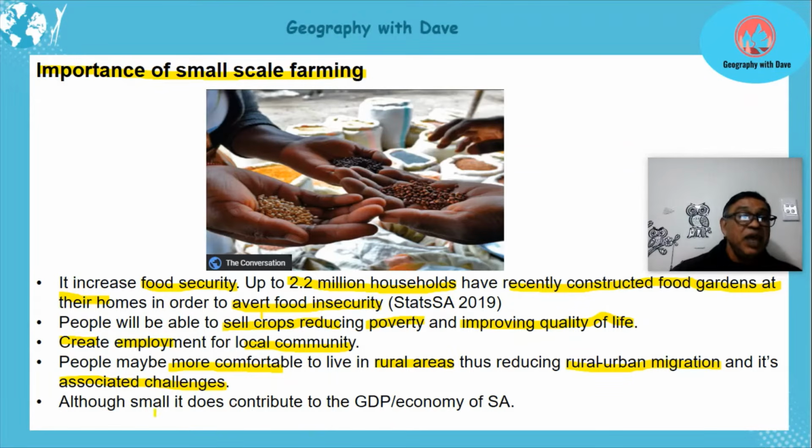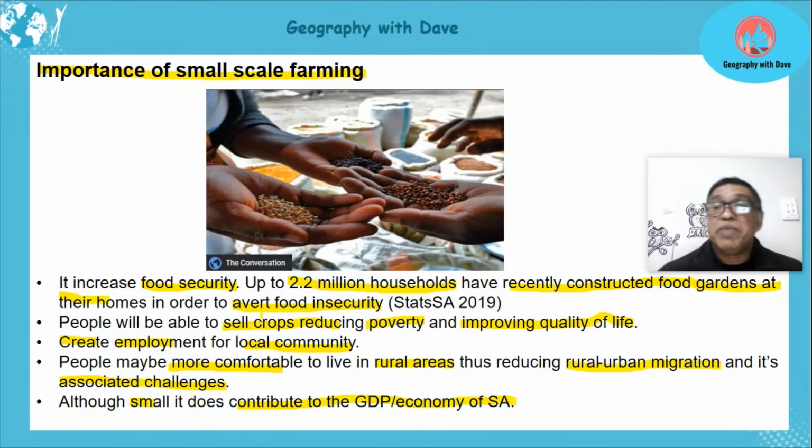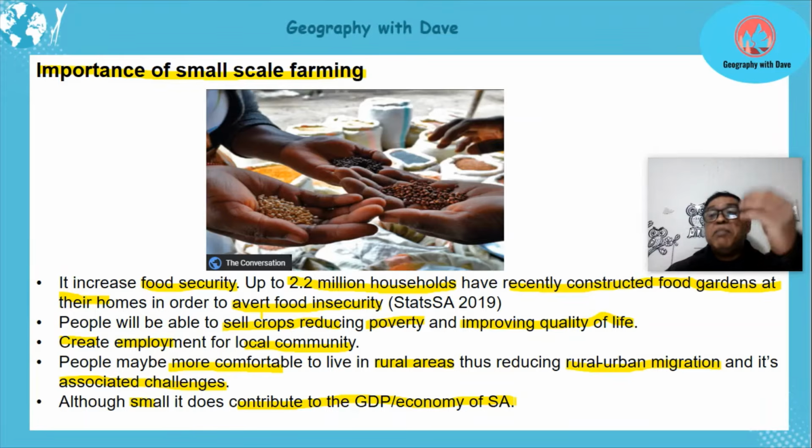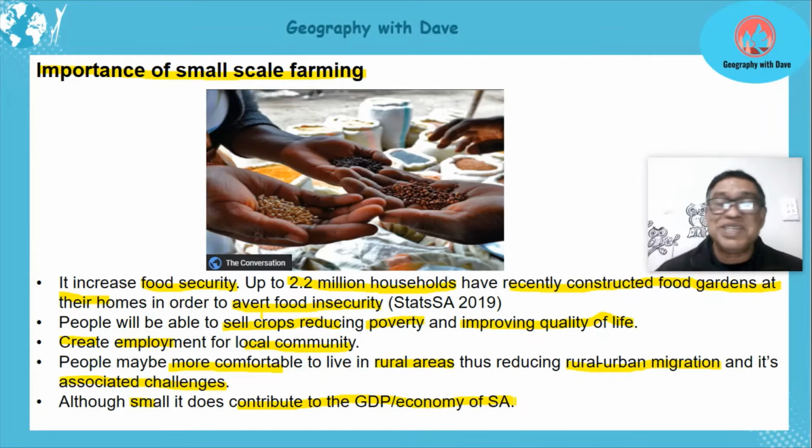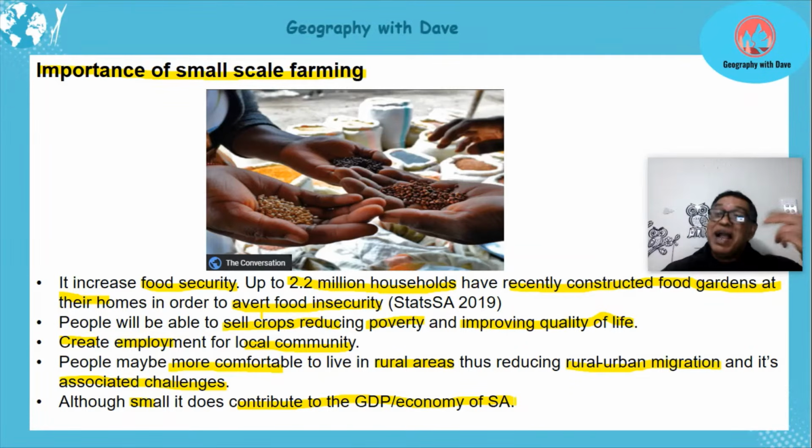Okay, it's small, but it does contribute to the GDP and economy of South Africa. We may say, how? I'm just giving you an example. People now earn, they buy stuff in terms of goods, and they want more services. And what happens if they're buying more goods? More goods are produced, thereby helping with the GDP.